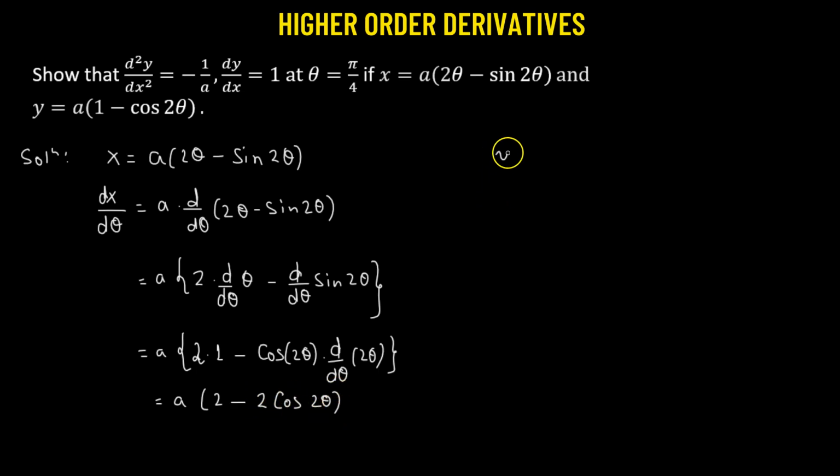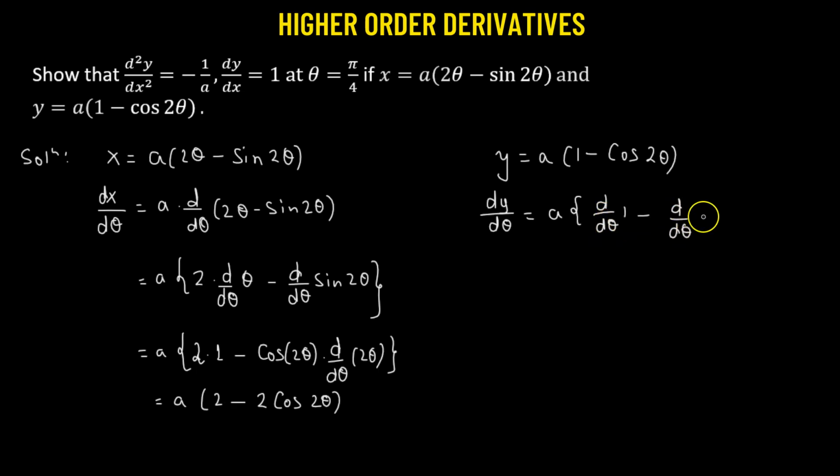Now we will use y, which equals a times (1 minus cosine of 2 theta). Let's take the derivative on both sides with respect to theta. So this will be equal to a multiplied by the derivative with respect to theta of 1 minus the derivative with respect to theta of cosine 2 theta. So this gives us a times, the derivative of 1 being a constant, that's simply 0.